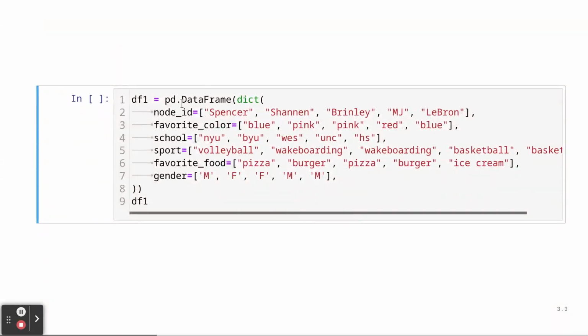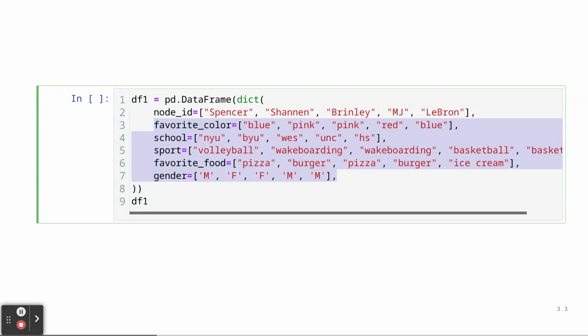So, as a quick and kind of contrived example, consider the following data frame. We're going to construct this by hand from a dictionary, which has the following keys. The node ID column will list some names of individuals, and this is how we'll refer to each node within our graph. And then we'll have 5 different characteristic columns.